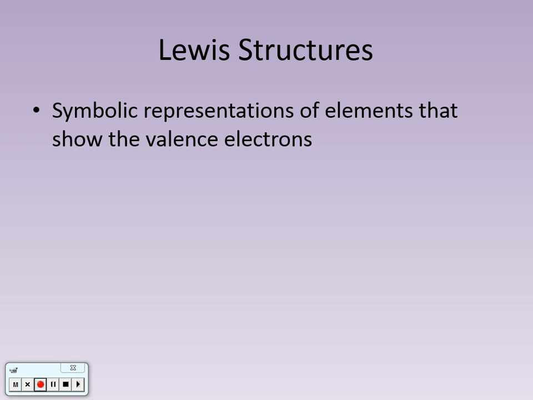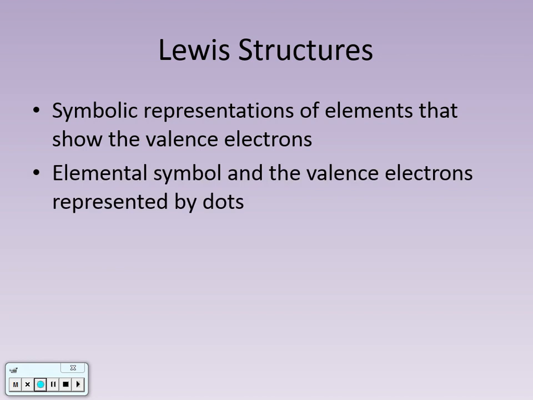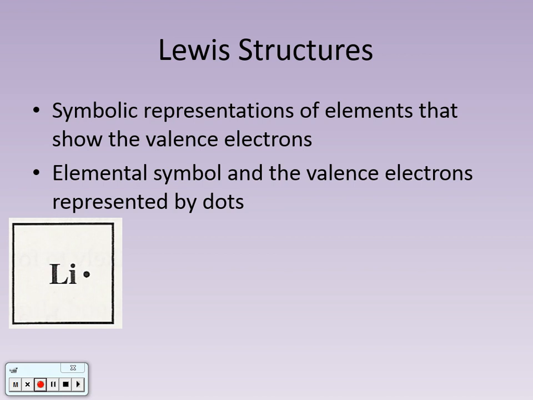Like it says in your outline, we use the elemental symbol for that atom and dots to represent the valence electrons. What is the elemental symbol for lithium? Li. And remember, when we have a two-letter symbol, the first one is capital, the second one is lowercase. And how many valence electrons does lithium have? 1. So we would draw its Lewis structure like this.